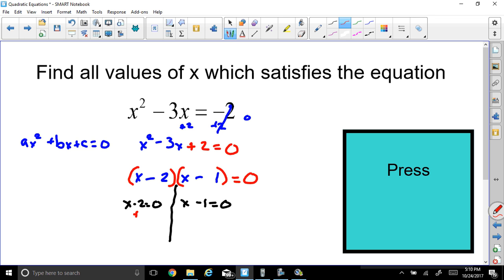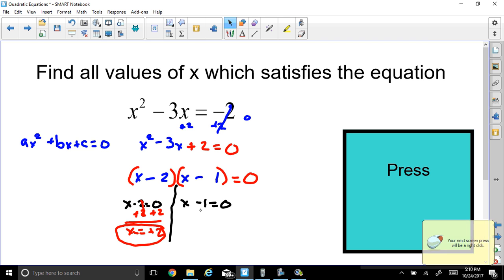So I'm going to solve for x. My 2's will cancel out, leaving me with x is equal to positive 2. There's one answer. That'll work. And I'm going to solve this one for x as well.